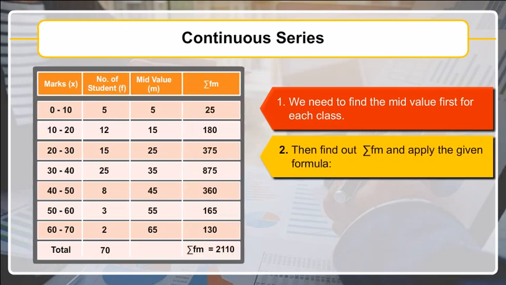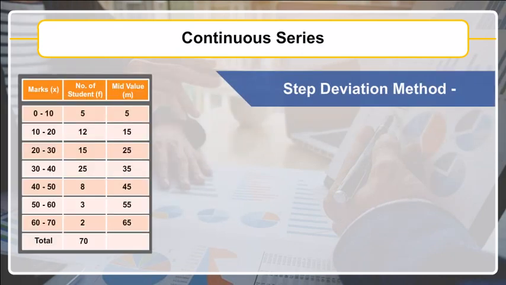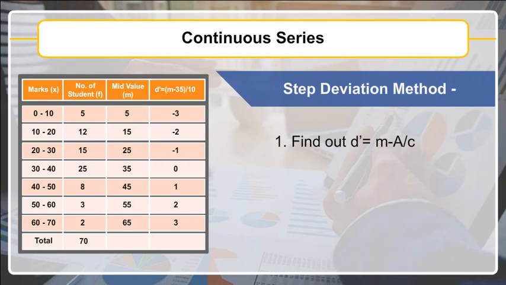Then find summation fm and apply the given formula. x bar equals summation fm upon summation f. Step deviation method. Find d dash equals m minus A upon c. x bar equals A plus summation fd dash upon summation f, into c.